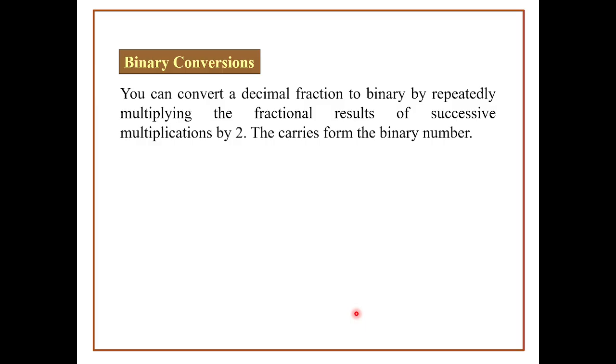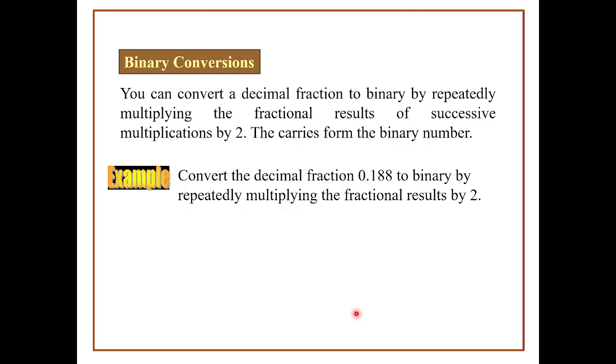You can convert a decimal fraction to binary by repeatedly multiplying the fractional result of successive multiplication by 2. This is the carry from the binary number. So example, convert decimal fraction 0.188 to binary by repeatedly multiplying the fractional result by 2. Solution. So you see here 0.188 multiplied by 2, you got 0.376.